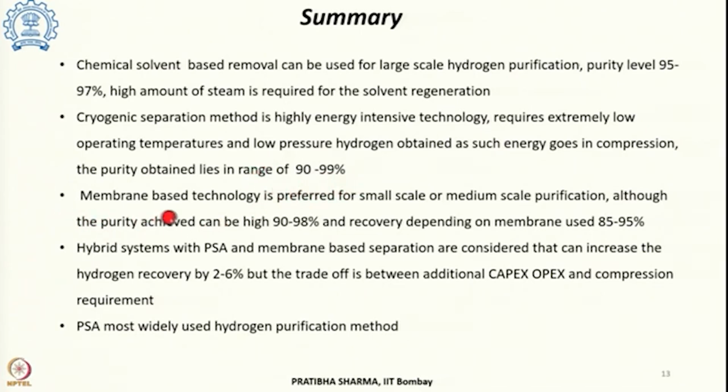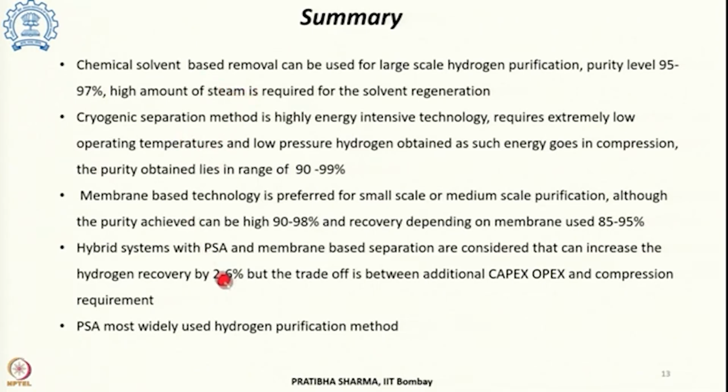The membrane based separation method is usually preferred for small scale or medium scale purification. The purity that can be achieved lies between 90 to 98%, and recovery, depending on which membrane we are using, can vary between 85 to 95%. Now, there can be hybrid systems wherein two of such systems are combined together, like PSA with membrane based separation, or the solvent based carbon dioxide removal method along with pressure swing adsorption.